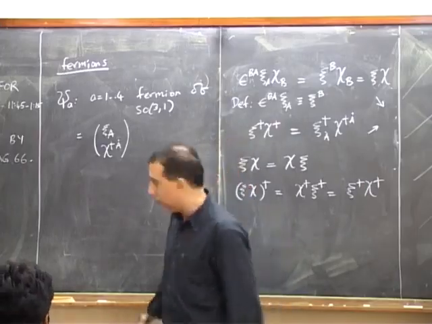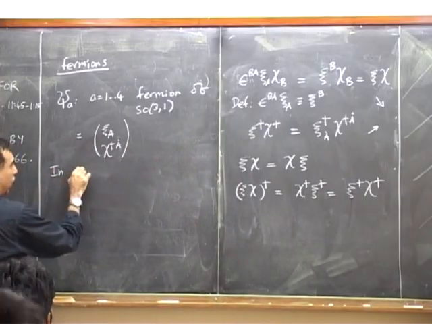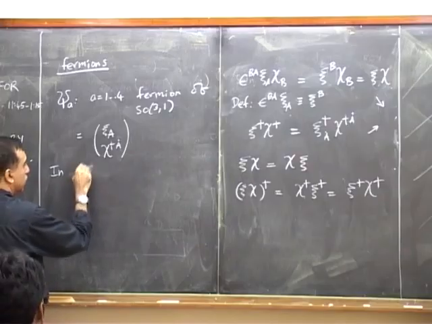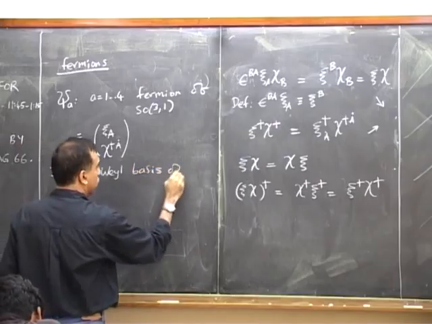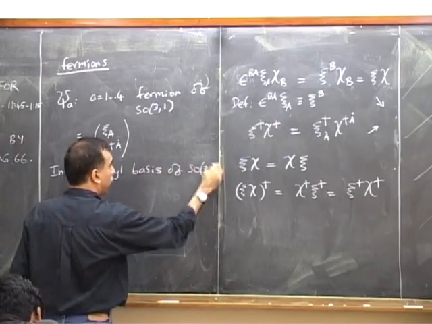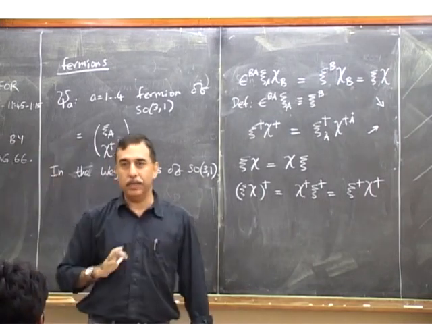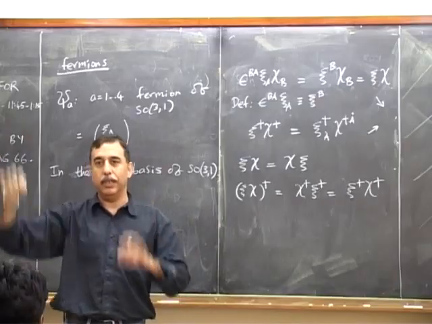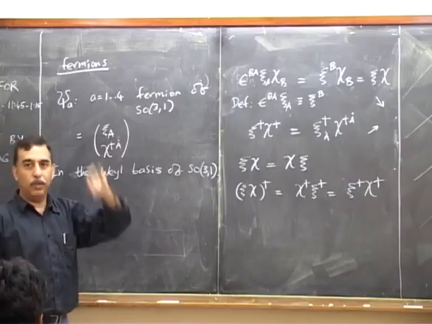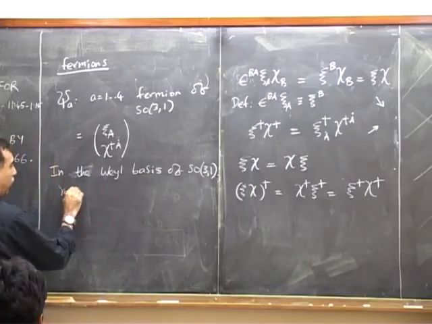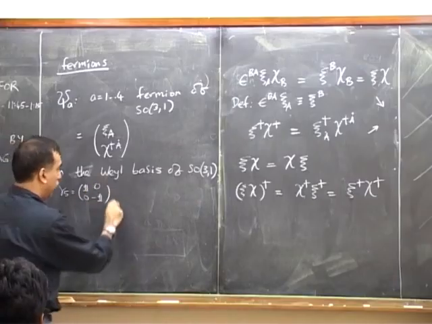Okay, so this is the decomposition, and in a particular basis, in the Weyl basis of SO(3,1), which means that the gamma mu's are basically off diagonal, and gamma 5 is diagonal 1 minus 1, or sometimes minus 1 and 1, not very important.